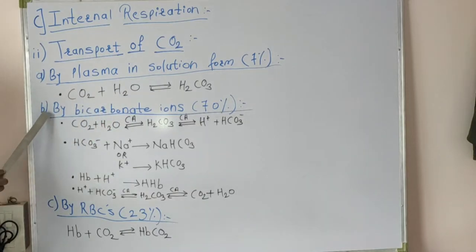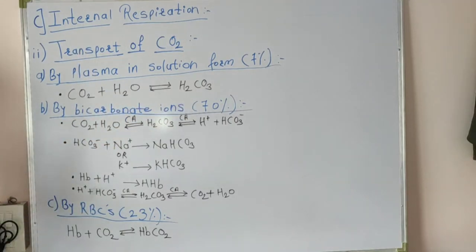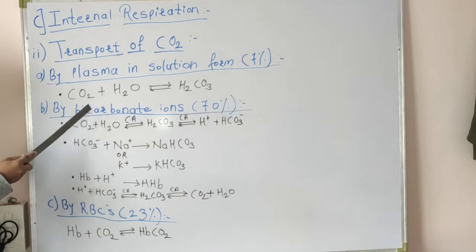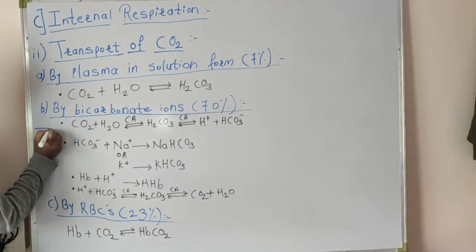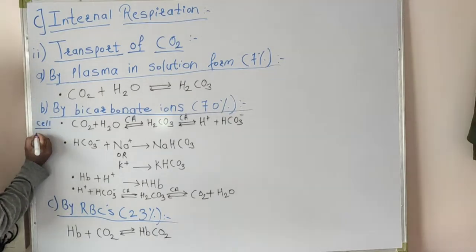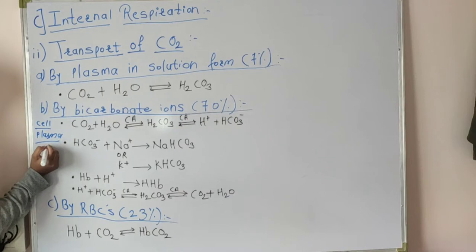The second method is bicarbonate ions, 70%. That means 70% of the carbon dioxide released by the cells, by the tissues, again gets diffused into plasma and the RBC. Again here I will draw the same diagram: cell, plasma, and here will be RBC.